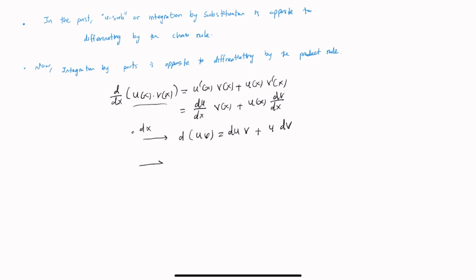Now I'm going to integrate, using the integral operator. The first term is just equal to u multiplied by v, and the second term, I'm going to bring v in front and then du, plus the integral of the second term, which is the integral of u dv.